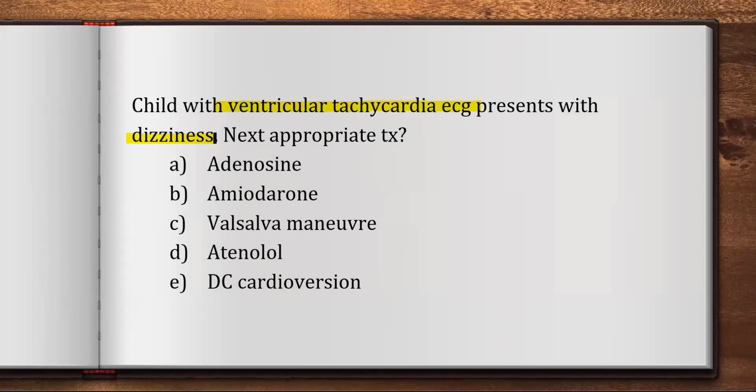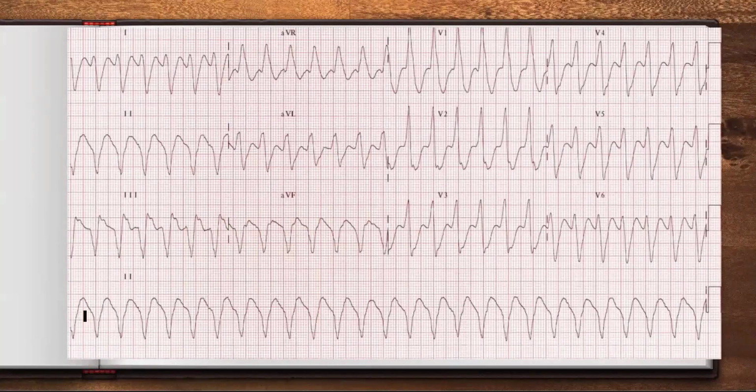There are two terms: one is asymptomatic, another is symptomatic. This patient is symptomatic and it's a child. So a pediatric patient having ventricular tachycardia and having symptoms that require treatment. They are asking what is the next appropriate treatment for this child. So if you look at it, this was the ECG.